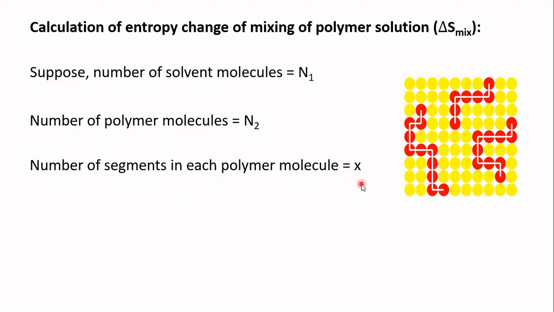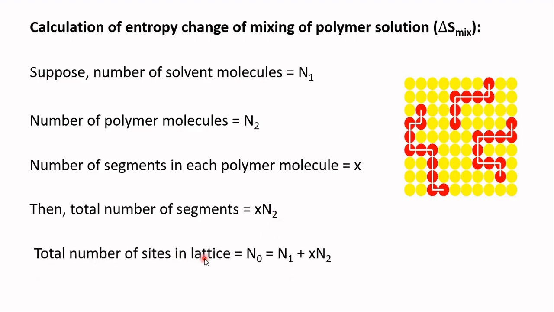Then the number of segments in each polymer molecule is X. This is important. Each polymer molecule is made up of a certain number of repeating units, or we may call it a certain number of segments. Let us consider the number of segments in each polymer molecule be X. Then the total number of segments present in the crystal lattice will be equal to X into N2.